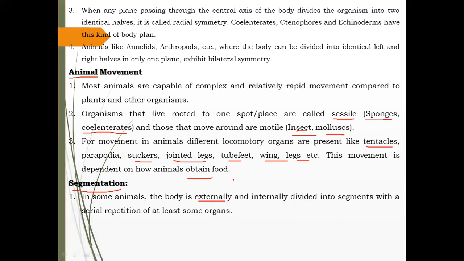I will try to sketch a diagram of an earthworm. This is the earthworm. You can easily understand, such type of segmentation is present on the body of the earthworm. This segmentation is not just on the external surface but internally also. It is totally a type of compartment, that is called segmentation. Do you understand?